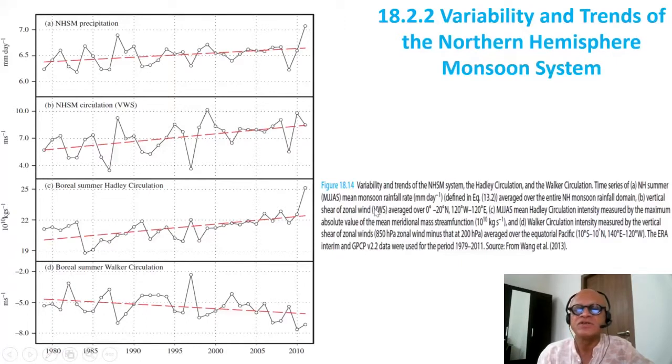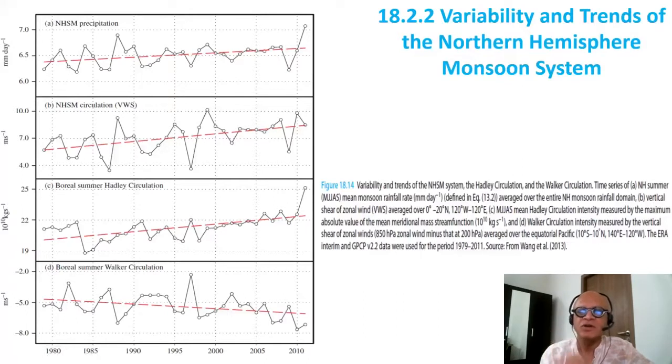Obviously, moisture convergence and subsidence, zonal and meridional circulations are all part of the changes in convective heating, of course, right? So this is again northern hemisphere monsoon rainfall rate defined before, averaged over the entire northern hemisphere monsoon domain. Vertical shear of the zonal wind we have seen before, and the northern summer Hadley circulation intensity measured by maximum absolute value of the mean meridional stream function.